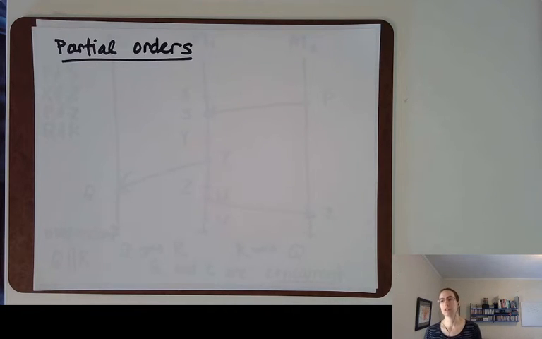Can somebody who's maybe taken a math class that studied this tell me what the definition of a partial order is?